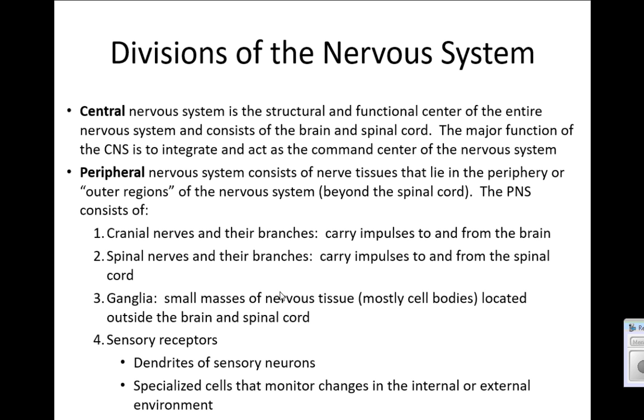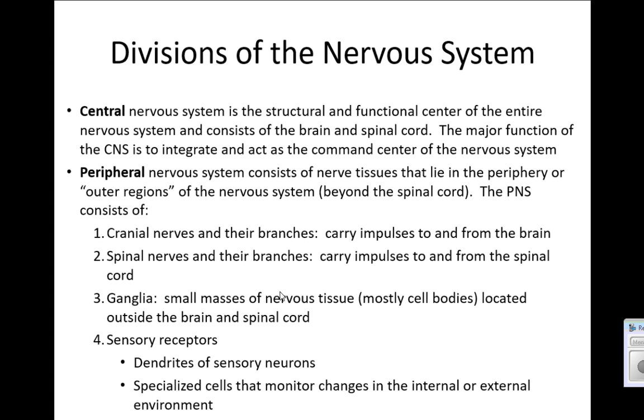Now, that first page showed the two things that were part of the CNS and the other stuff that was part of the PNS. Guess what CNS and PNS are short for? Central nervous system and peripheral nervous system. So if you need to write those abbreviations out, might not be a bad idea, because we will use those quite a bit.